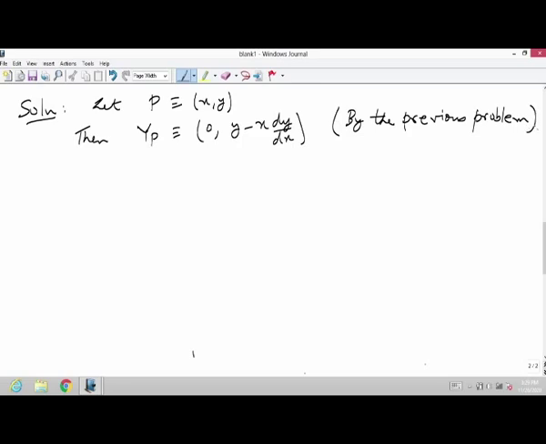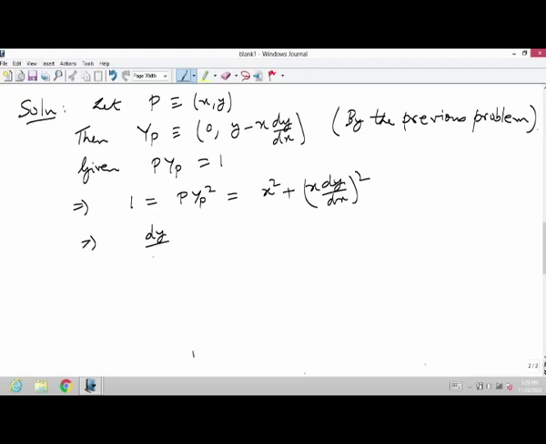Now, what is given is the length P Y_P is equal to 1. So, we get 1 is equal to P Y_P square, and the distance squared will be x square plus x times dy dx whole square. So, this gives (dy dx) square is equal to 1 minus x square by x square.